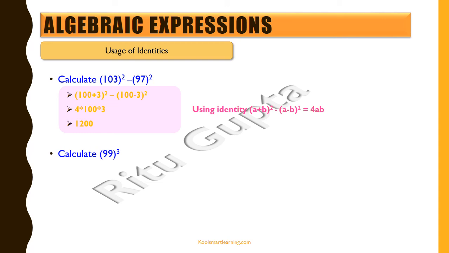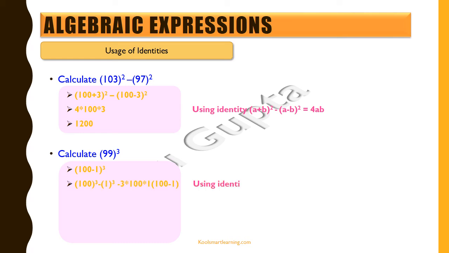Now if we were to calculate 99 cube, how do we do that? Again, using the arithmetic way of doing it would be more cumbersome. So let's make it (100 minus 1) whole cube, and we can use the identity which says that (a minus b) whole cube is equal to a cube minus b cube minus 3ab into (a minus b), which makes it 100 cube minus 1 cube minus 3 into 100 into 1 into (100 minus 1), which makes it 10 lakh minus 1 minus 300 into 99, which is again 10 lakh minus 1 minus 29,700, and that's so easy to calculate.